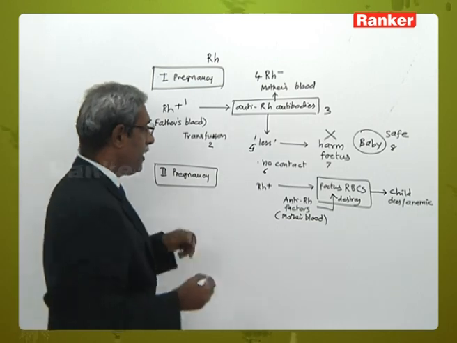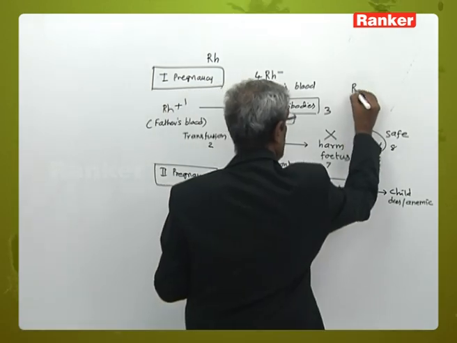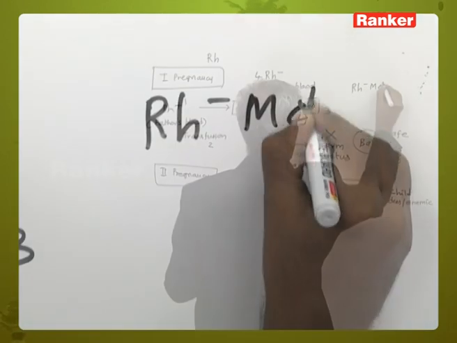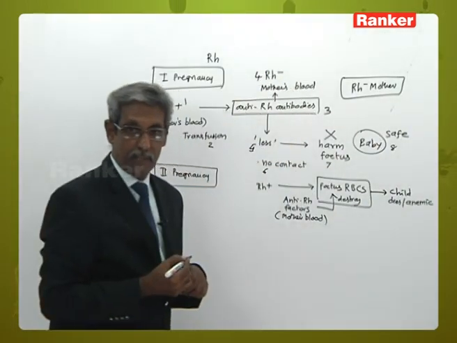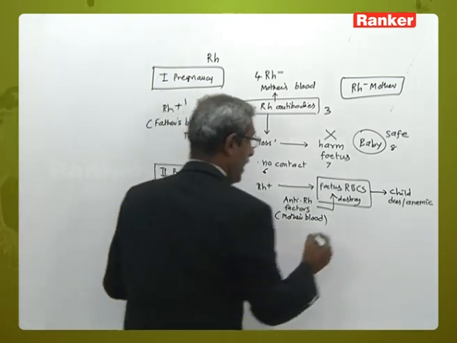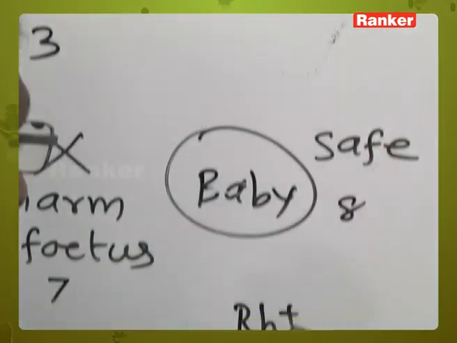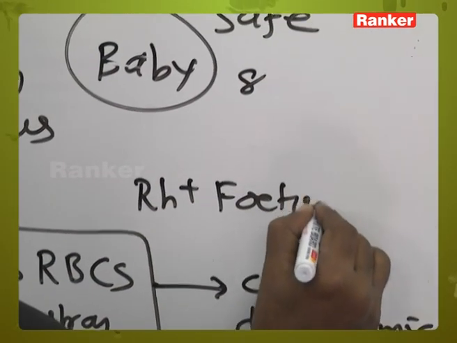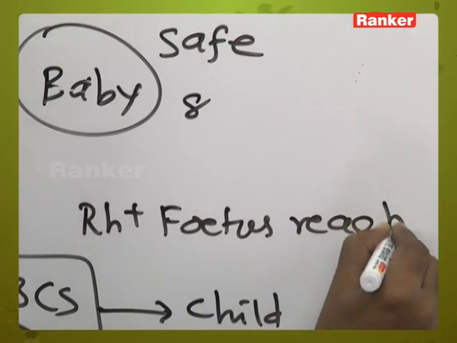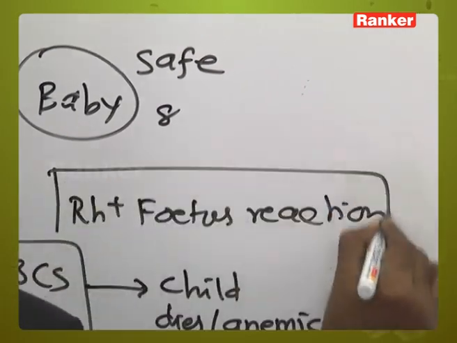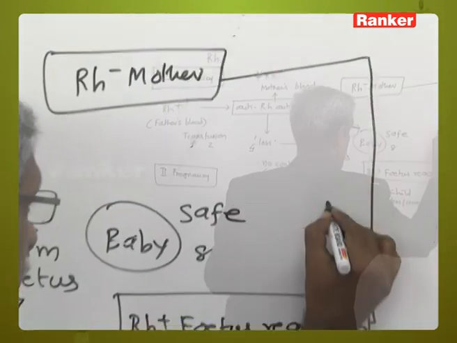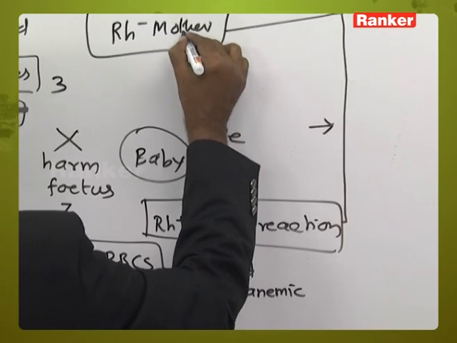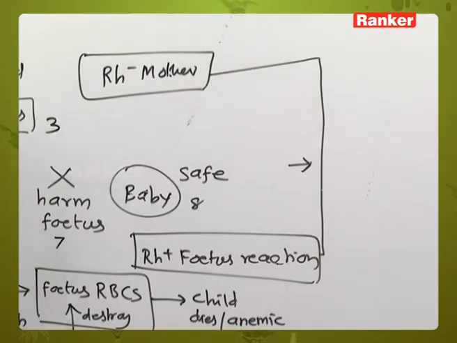So, here we have an Rh minus mother, and we have an Rh plus fetus reaction. So, primarily during second pregnancy, the reaction is between the Rh minus mother and the Rh plus fetus.